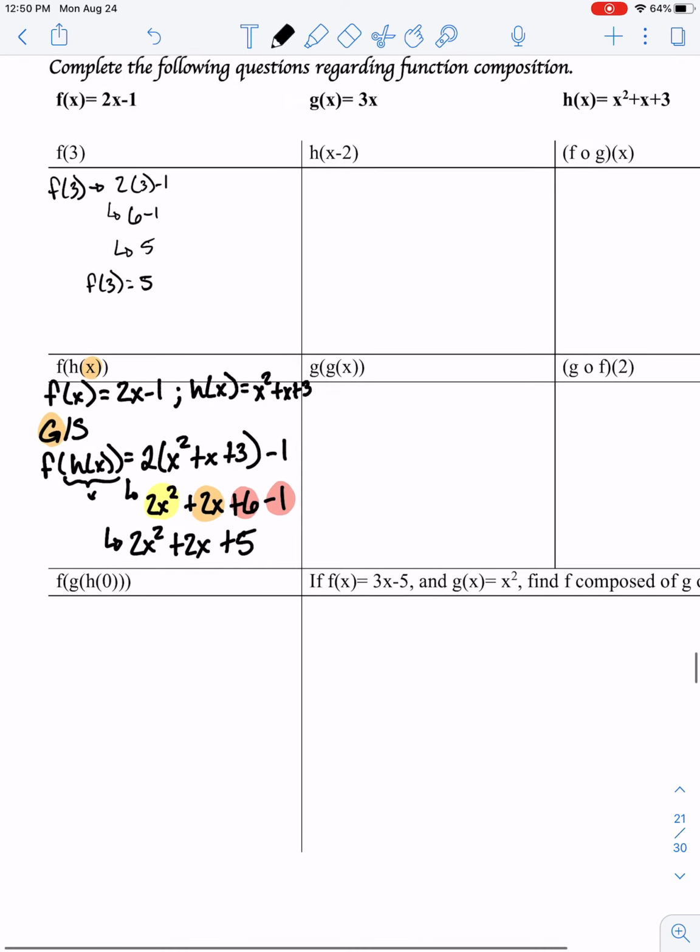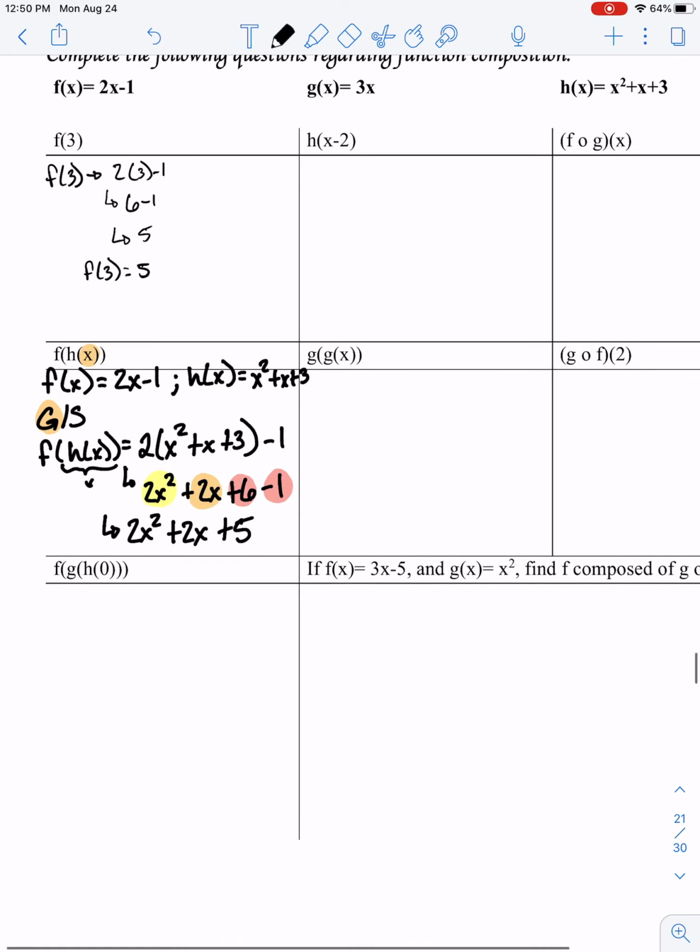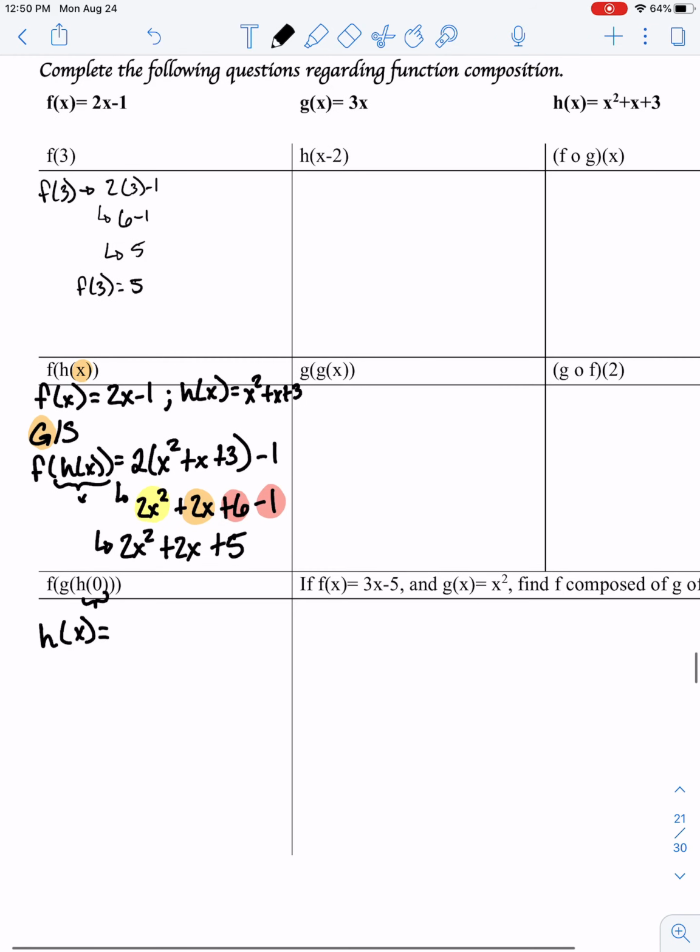This last one right here, f of g of h of 0, just work your way right to left, okay? So h of x is x squared plus x plus 3.